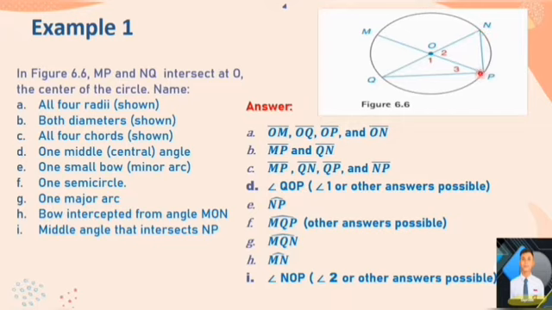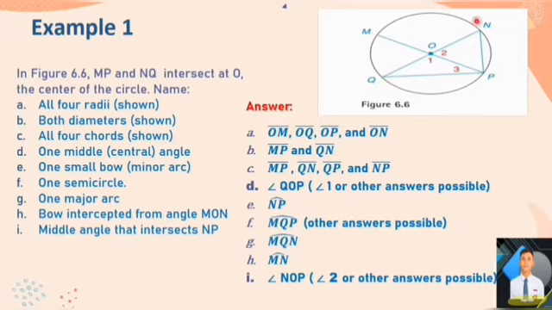The next is one semicircle, and in figure 6.6 one semicircle is MQP.